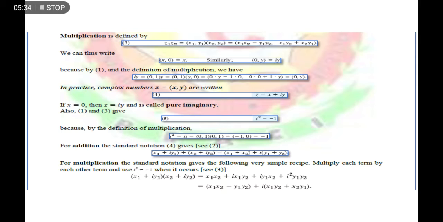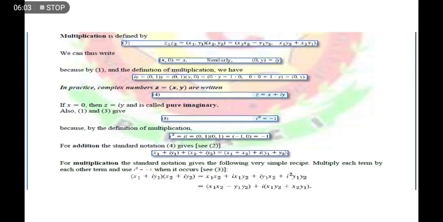If the complex number is composed of only real numbers, we can represent it by x, 0, or just x. Similarly, if the real part of the complex number is 0, it can be represented by iy, or just an imaginary number.